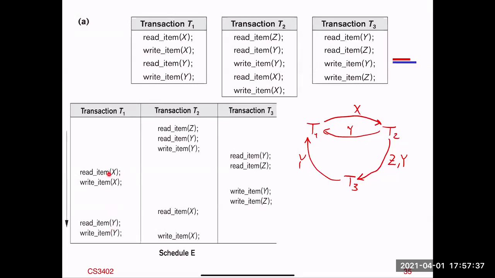So why would there be, you're saying that there should be a Y on this edge? Or from here to here? Yeah, we have a Y, right? On the edge from T2 to T1, we added the Y.